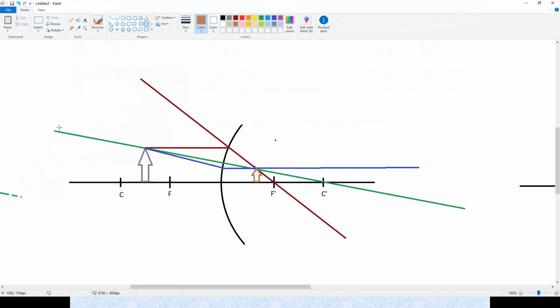Remember, I said that distances on this side are positive and distances on this side are negative, because the actual focal length and radius of curvature are on this side. They're now negative. So even though I drew the radius of curvature and the focal length here, they don't actually exist there. They exist over here, so we're going to have to make them negative.